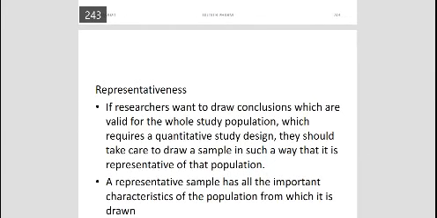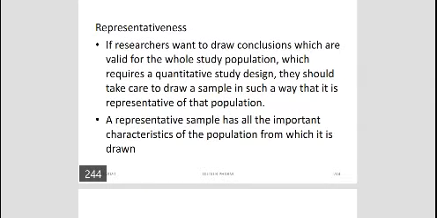Representativeness. If researchers want to draw conclusions which are valid for the whole study population, which requires a quantitative study design, they should take care to draw a sample in such a way that it is representative of that population.